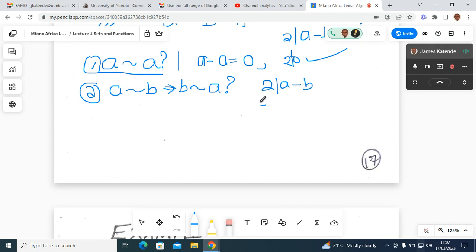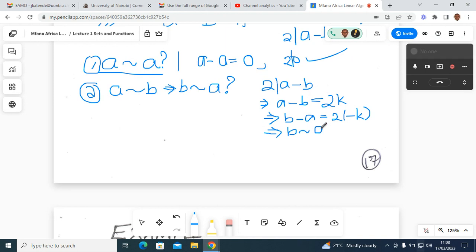What this means is that a minus b is a multiple of 2. You can write it as 2k. But then you can also write b minus a as a multiple of 2. What will change now is the sign of the integer that you multiply by 2. So it's still a multiple of 2. Since b minus a is a multiple of 2, it means b is also related to a.